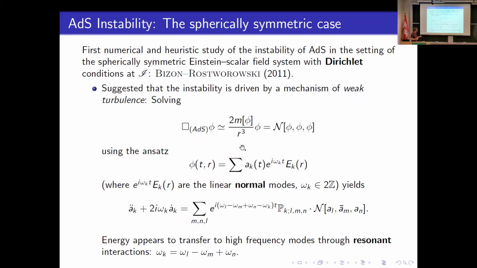And the crucial observation here is that when you study the Einstein scalar field system, in this case with zero Klein-Gordon mass, but something similar happens also for the conformally coupled case, with Dirichlet conditions at infinity, then the linear spectrum is just the integers. So in particular, it's purely resonant.